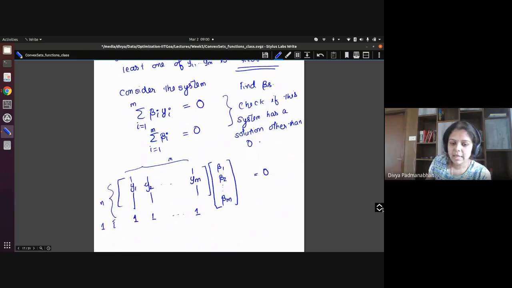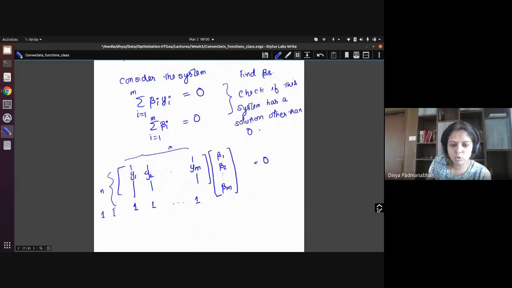Now you can also add one more row here, which says beta 1 times 1, beta 2 times 1, plus so on up to beta m times 1 is 0. Okay, so this is a system in n plus 1. Sorry, the dimension is n plus 1.